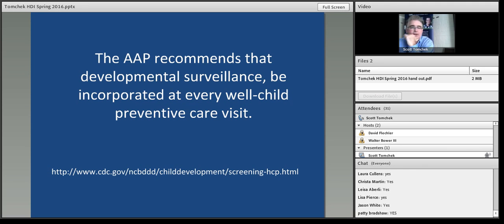it's that screening measure. Screening and surveillance are oftentimes considered synonymous when we look at tracking development, but they're really two separate processes.